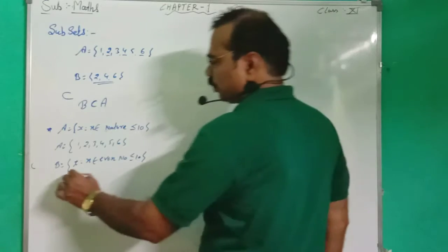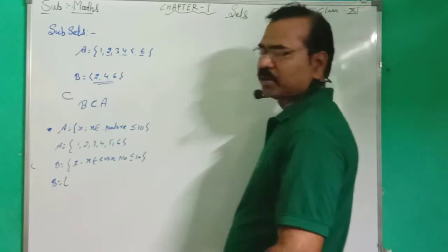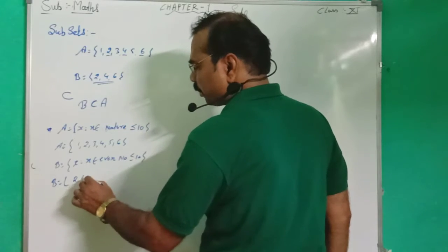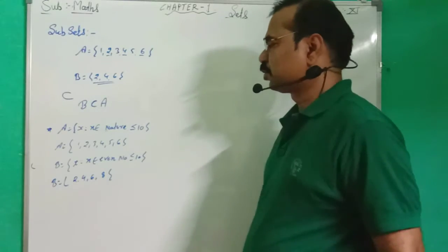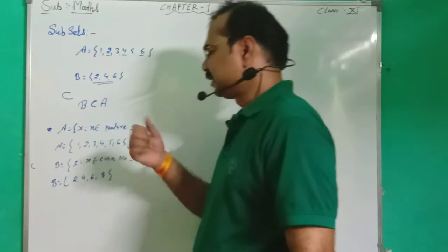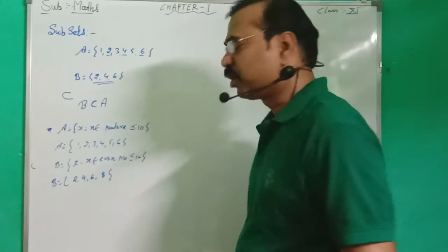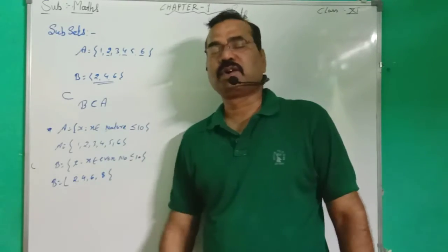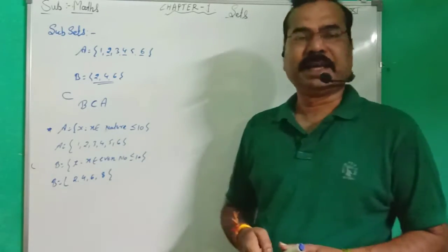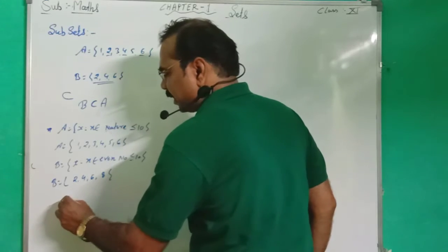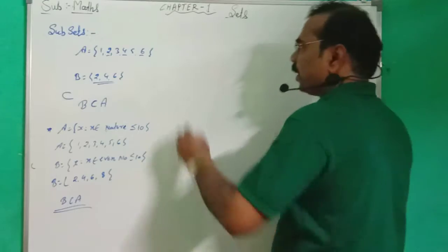Even numbers are 2, 4, 6, 8. It means B is a subset of A. Why? Because all the elements of B belong to A. So we can say B is a subset of A. That is the basic property we are using.